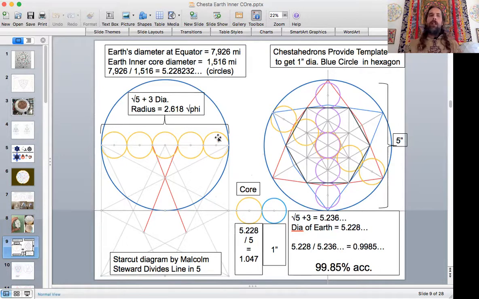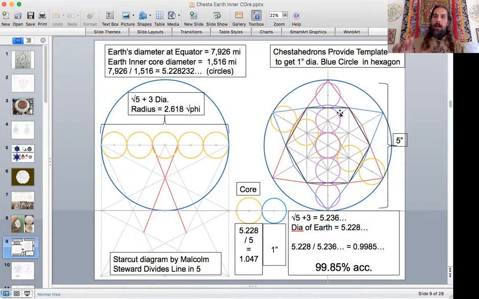But still, how do I know what the dimension of this circle in here is? All I've done was divide this into fifths. Well, that's where the Chestahedron comes into play, because back in Frank's work, he created a hexagon off of the Chestahedron.